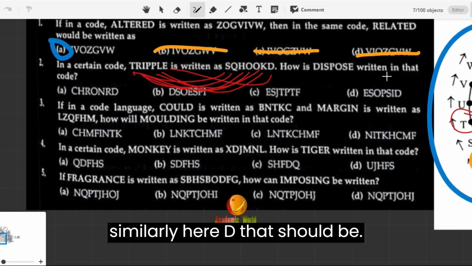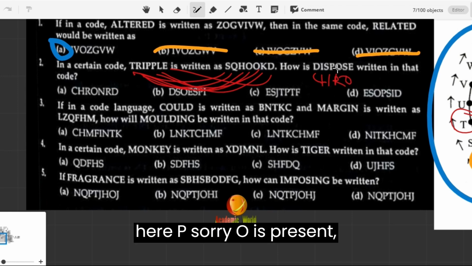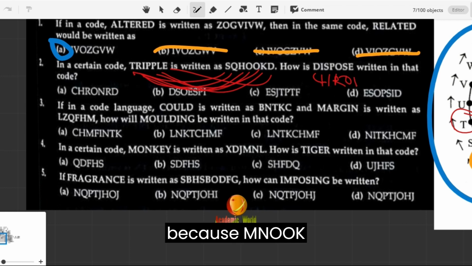Okay, so similarly here D should be C, I should be H, and then R, because RS, then O, OP, and here O is present, so O is replaced by N, because MNO.